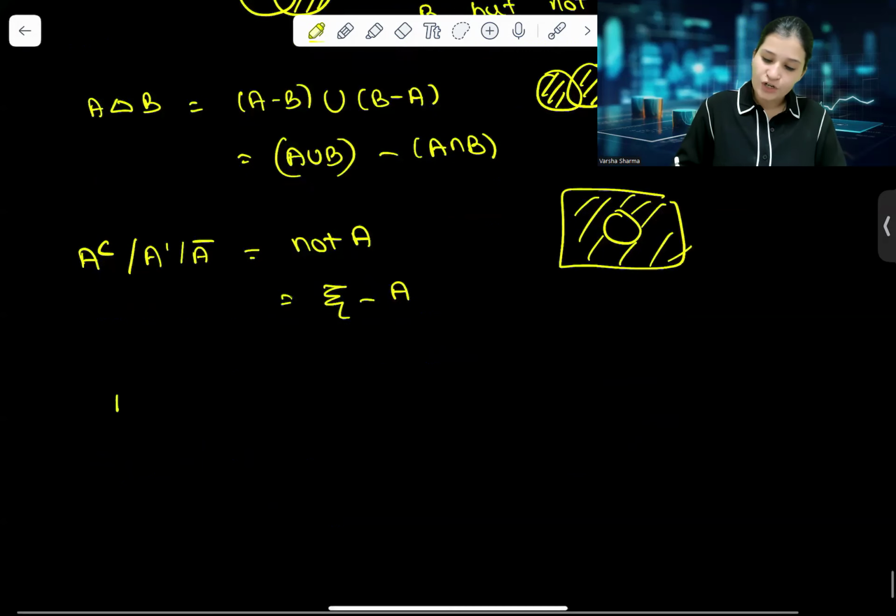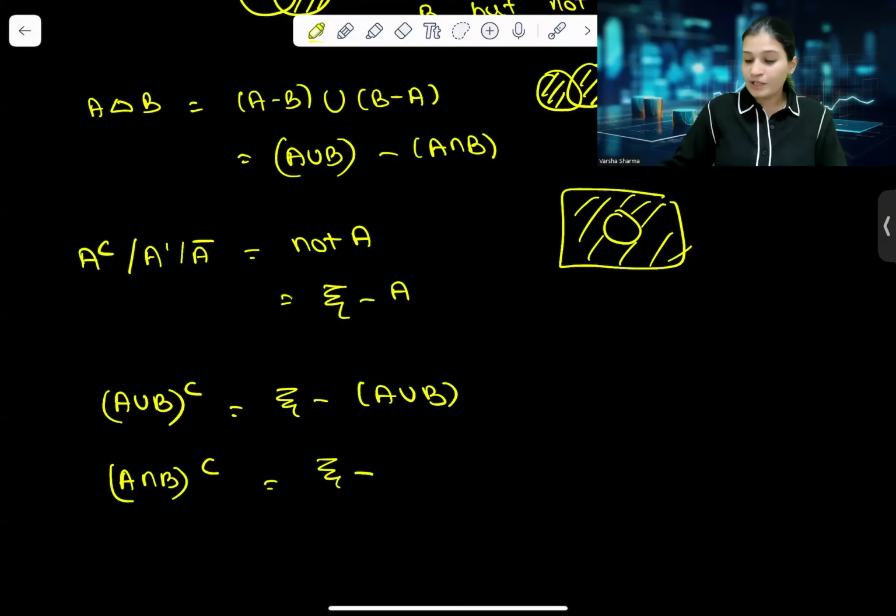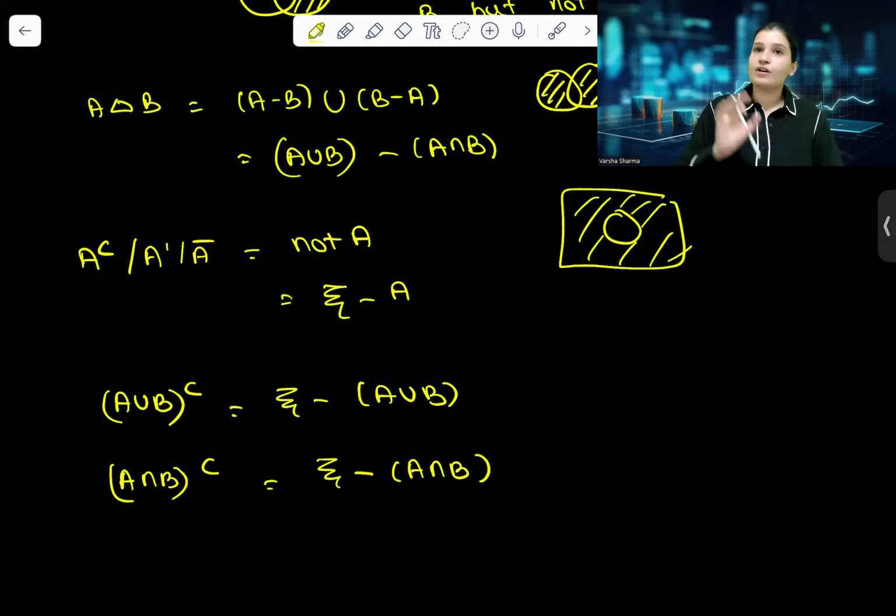For example, if I want A union B whole complement, what will I do? I'll subtract A union B from the universal set. I want A intersection B complement. What will I do? I'll subtract A intersection B from the universal set, right? So no matter which set's complement I want to find, I'll subtract that set from the universal set. Agree? Is it clear?